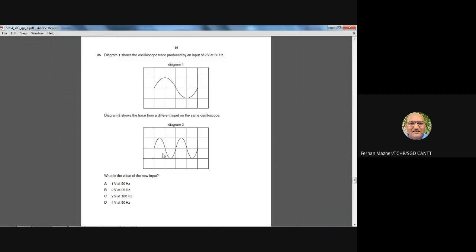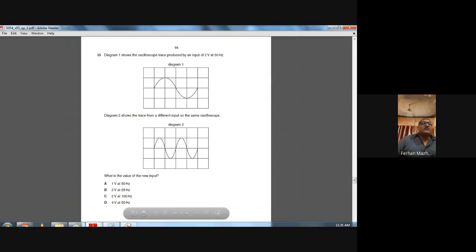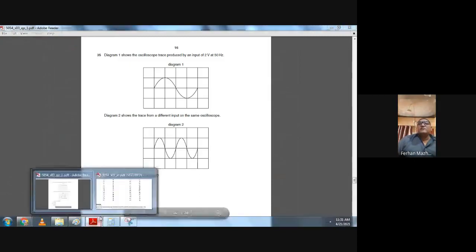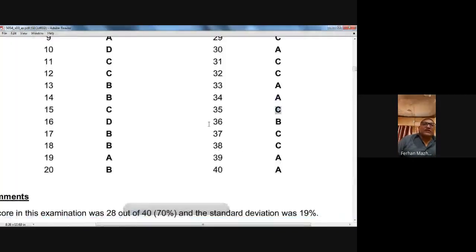Here in the 4 squares we have 2 waves, which means its frequency is double the frequency of the previous wave. Its frequency was 50 hertz, so it will be double, 100. So I think C is the right answer, sir. Question number 35, C is the right answer. I hope you have understood.